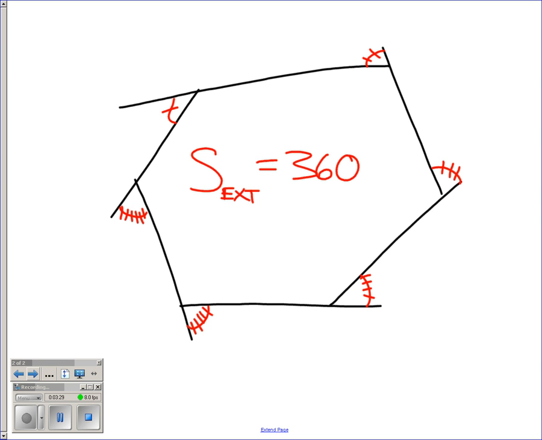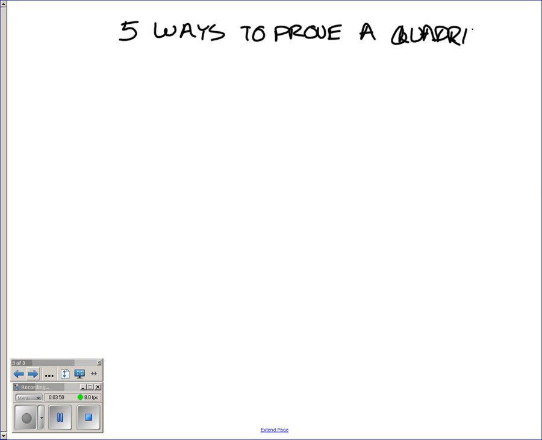Sections 2 and 3 were where we first hit parallelograms, special types of quadrilaterals. We said that there were 5 ways to prove that a quadrilateral is a parallelogram. So let me get this up there. 5 ways.